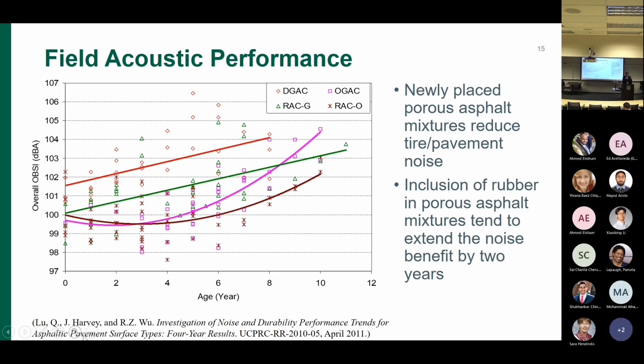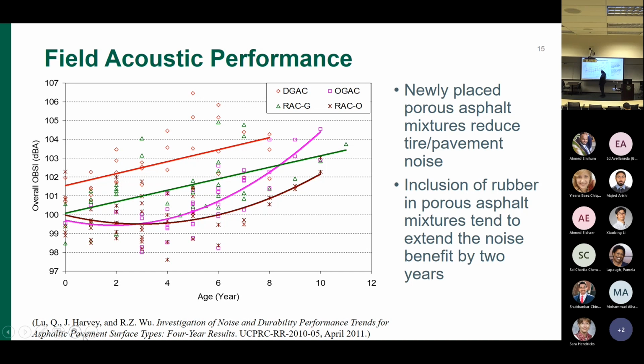Now, these are the findings from the field study. Basically, we had measurements of the on-board sound intensity, OBSI, for the noise measured in the field at the tire-pavement interface. The overall means the average across different frequencies of noise. Generally, we found that the open-graded mixtures, OGAC and the rubberized mix, have lower tire noise than the dense-graded or gap-graded mixes.